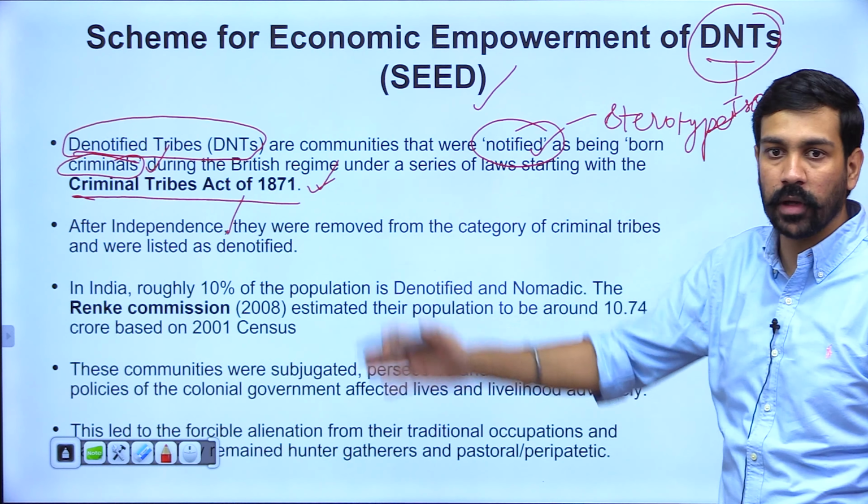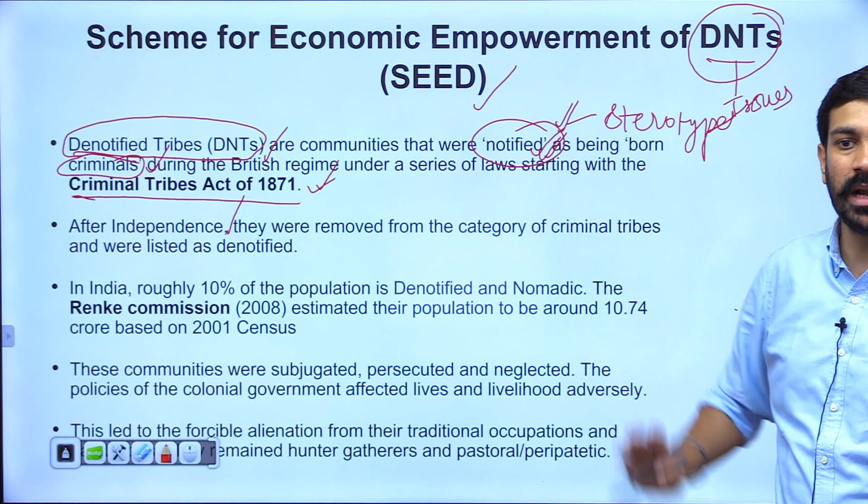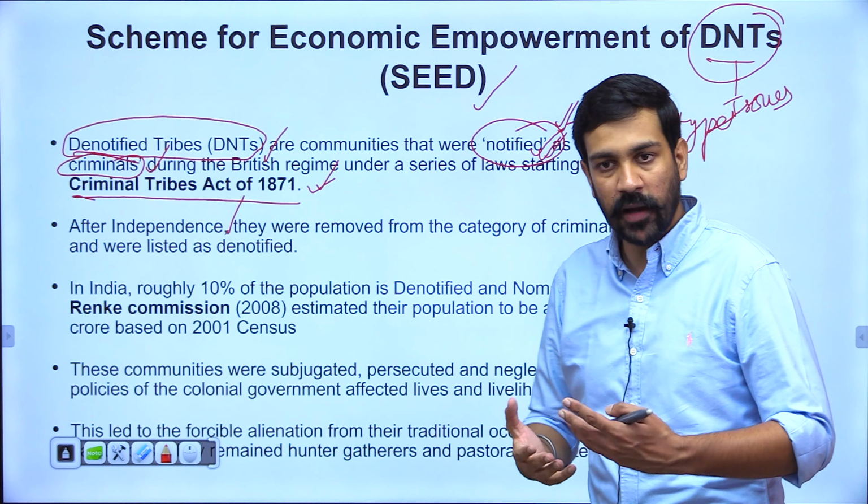Earlier they were classified as notified under the Criminal Tribes Act, but after independence, to reduce the stereotypes and stigma attached to them, they were removed from the notified list under the Criminal Tribes Act. They were not to be classified as criminals anymore. That is how they came to be known as Denotified Tribes, tribes who have been removed from the classification of the Criminal Tribes Act.